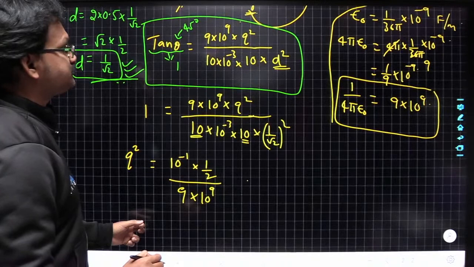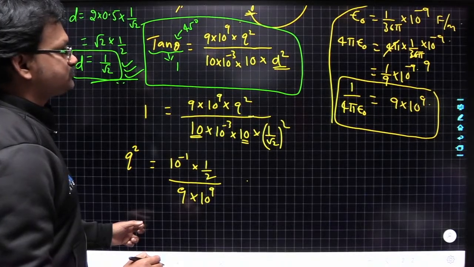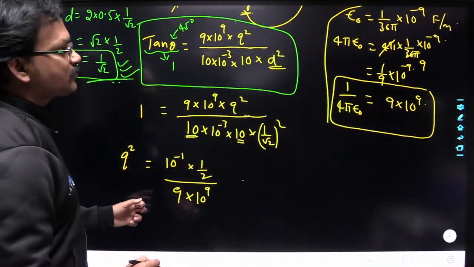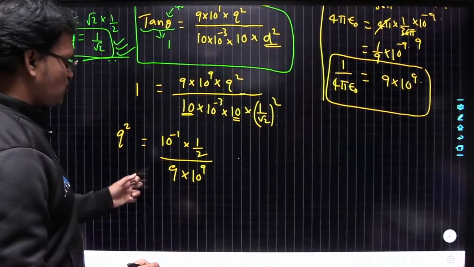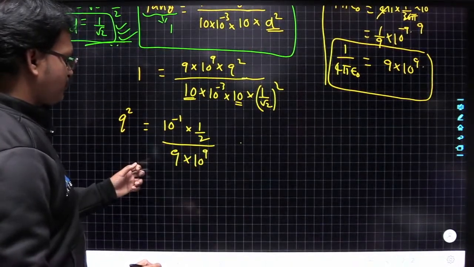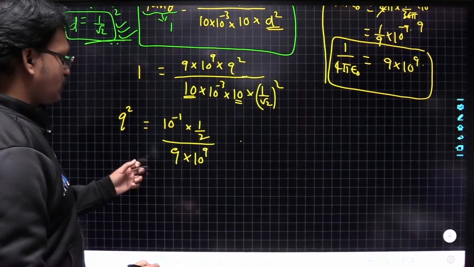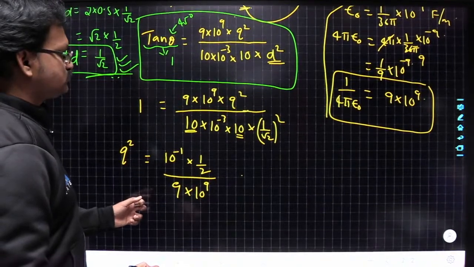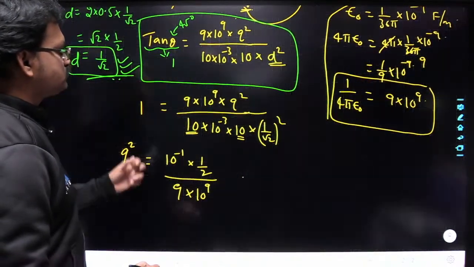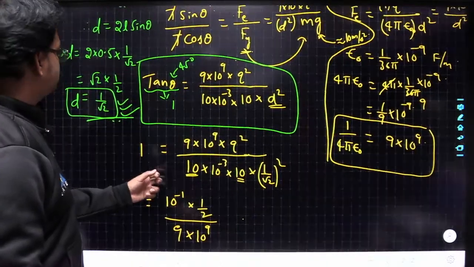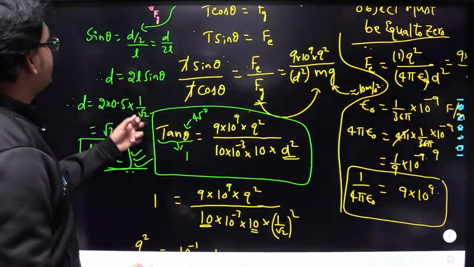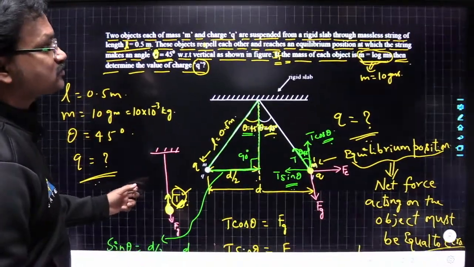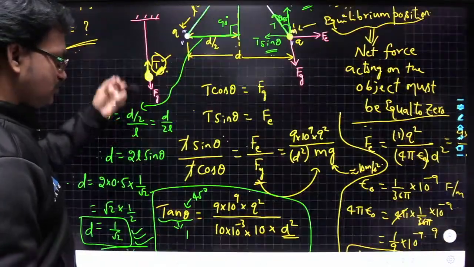Wait, is it correct? L is equal to 0.5 meters, 10 grams. Okay, fine.